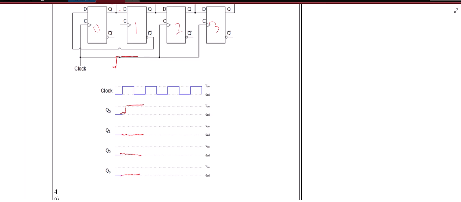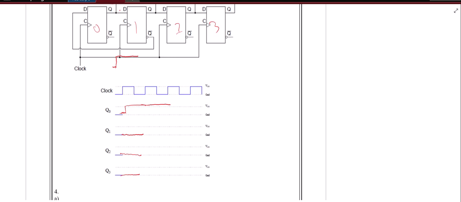Okay, so now let's see what happens on the next clock cycle. Into Q0, we're going to have the complement of Q1. Now, Q1 was 0 the time before, so its complement is still 1. So Q0 will still be 1, and that's because Q1 didn't change.